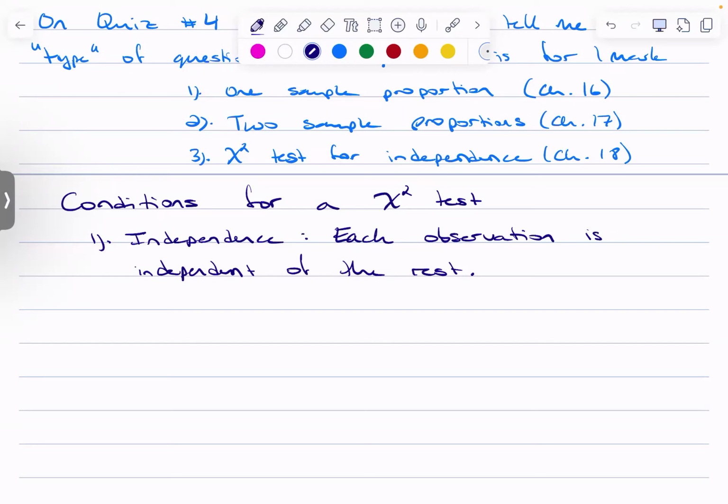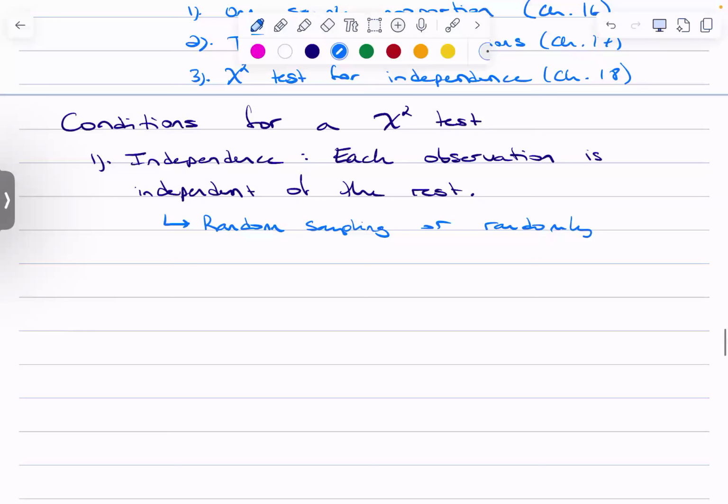Again, just like any independence, this is accomplished by random sampling or randomly assigning treatments.